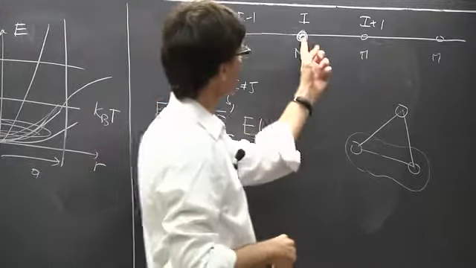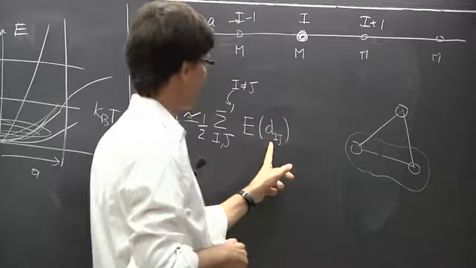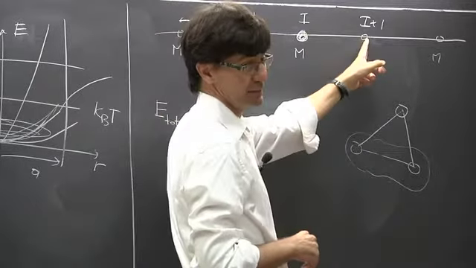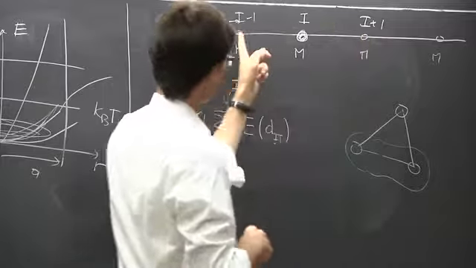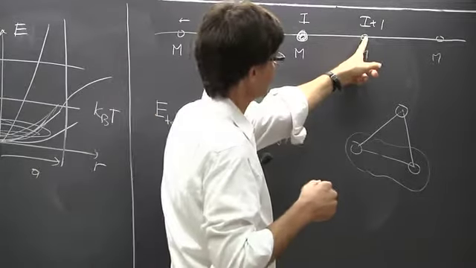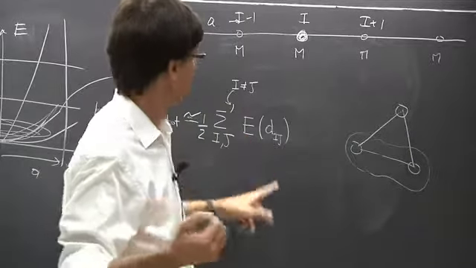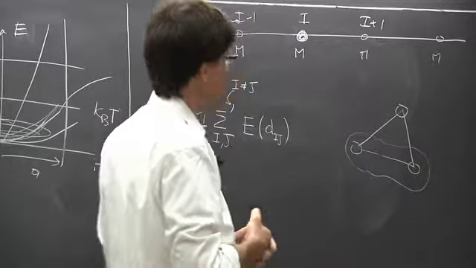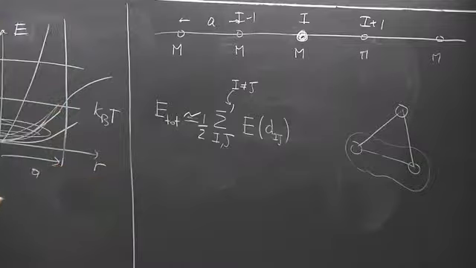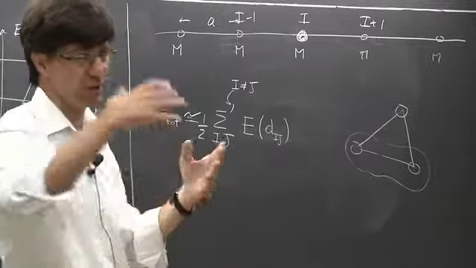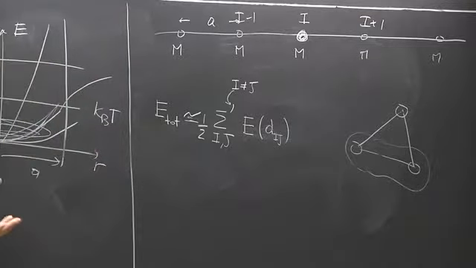The interaction between this and this is given by this energy at the distance a. The interaction between this and this is the same energy at distance 2a. So clearly, I can at some point truncate my sum, because the potential, this energy here, is going to go to 0 at some distance.